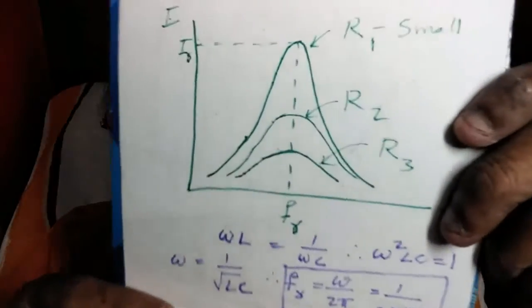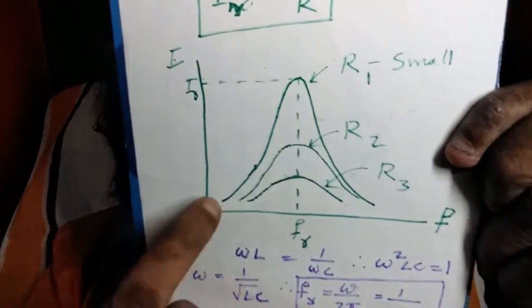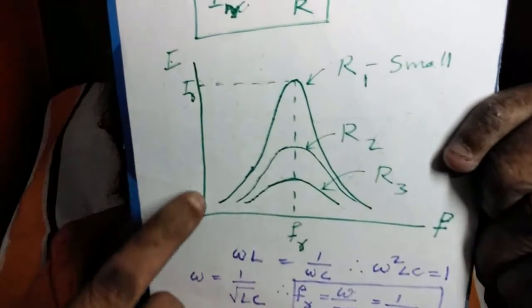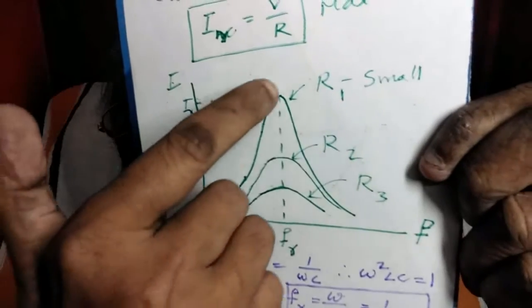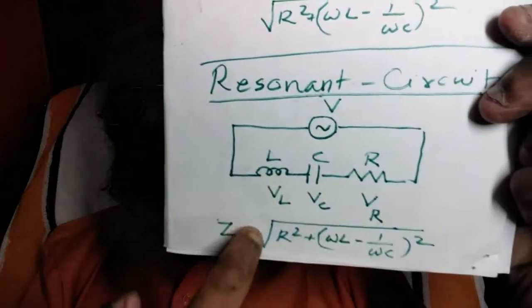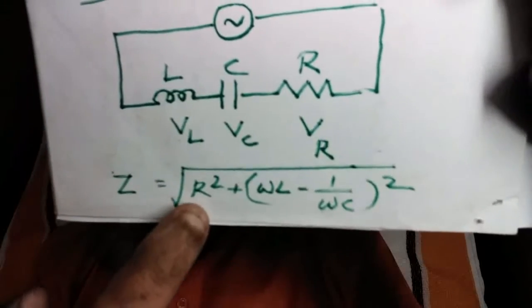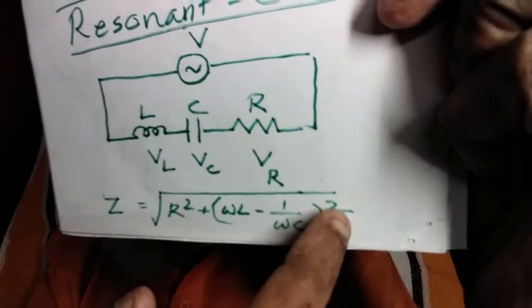Now, if you draw a graph between frequency on the horizontal axis and current along the vertical axis, you get a graph of this shape. Now see, impedance of the circuit is Z equals square root of R square plus (omega L minus 1 by omega C) the whole square.